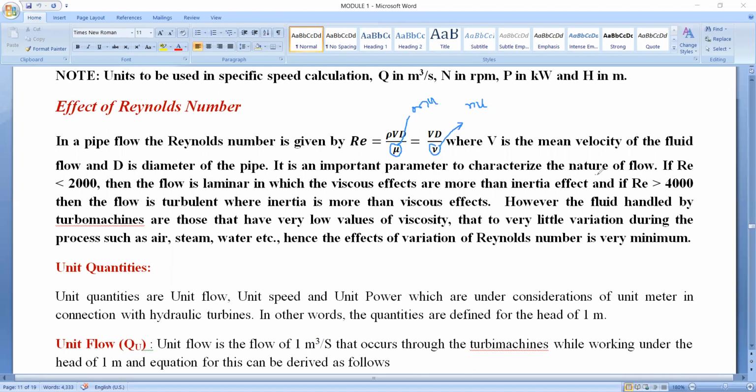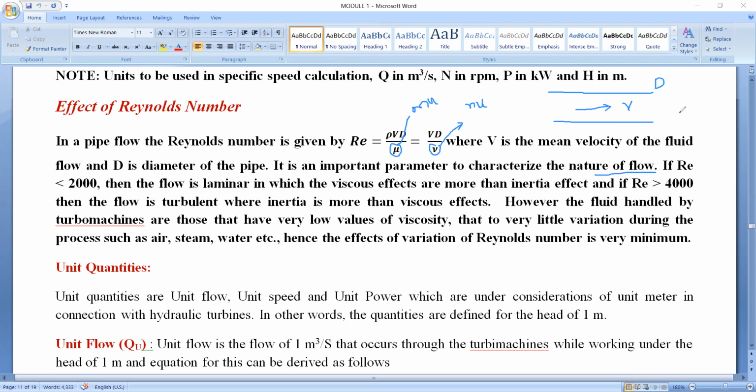We know that the Reynolds number is a very important dimensionless number, which is used to classify the nature of flow, whether the flow is laminar or turbulent. Now, let us consider the flow through a circular pipe, with D as the diameter of the pipe, and some fluid, say water, flowing through the pipe with V as the mean velocity of the flow.